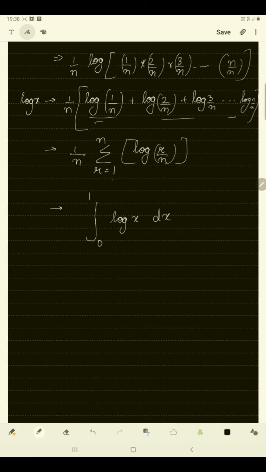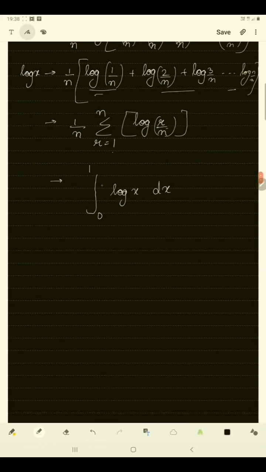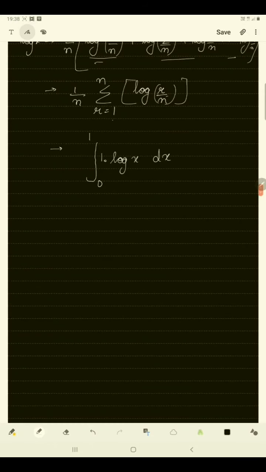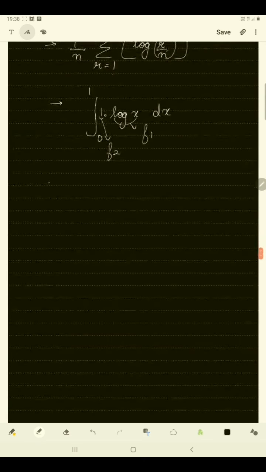Now here, if you remember my video in the by parts series, we need to integrate this using by parts, since these two terms are in multiplication, so we can take this as f1 and this as f2. And now just simply integrating. I have taught this way of integrating in my series on by parts, you can watch that. So I'm just going to apply that concept here.